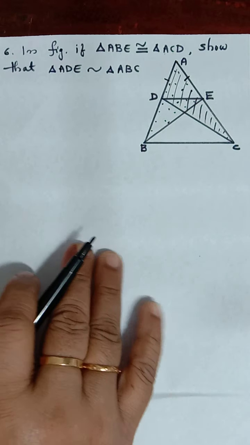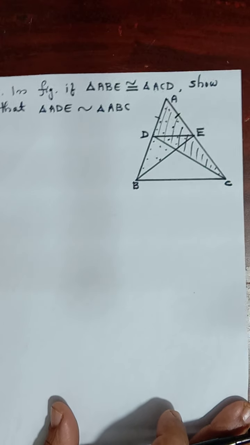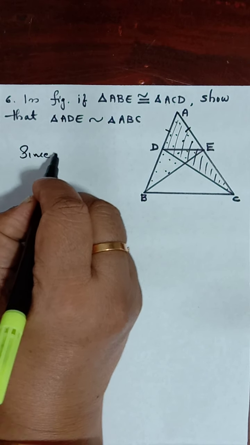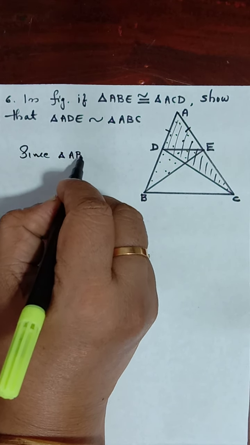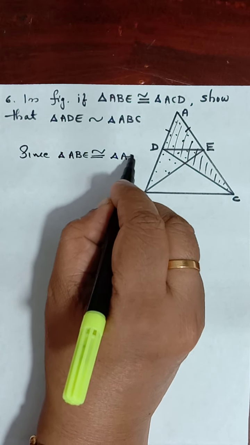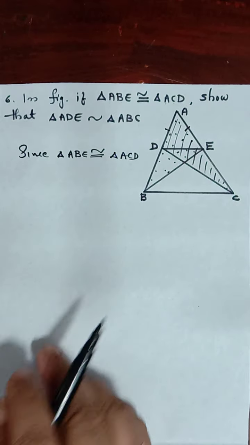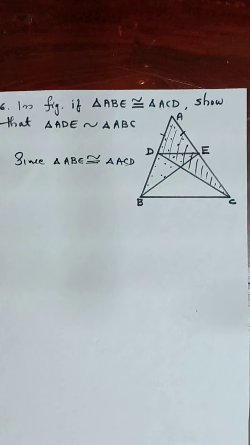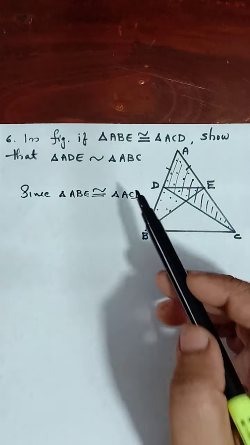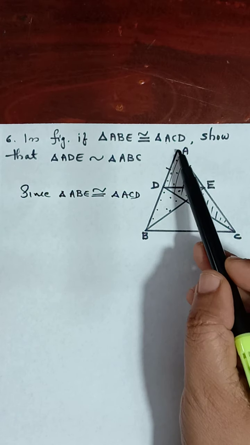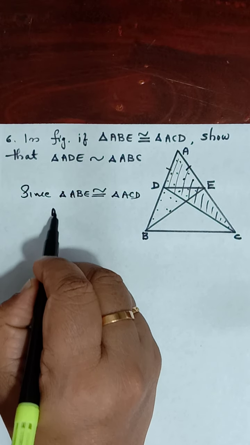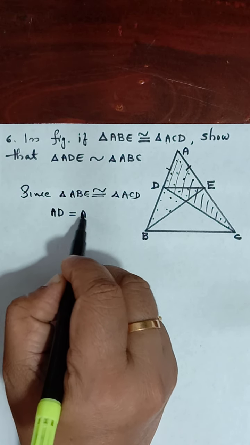So here we have to write, since both the triangles are congruent, since triangle ABE is congruent to triangle ACD, what we have to write? The corresponding sides are equal. Here we have to write AD equal to AE.